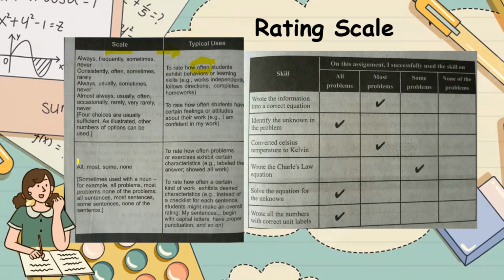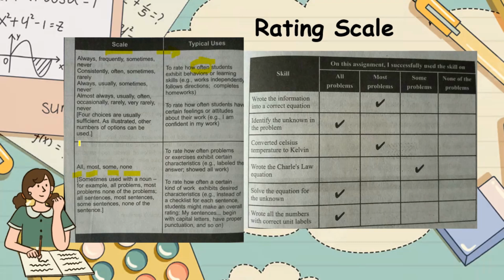While almost, some, none, you will use if you will rate how often problems or exercises exhibit a skill. This is the example of the frequency scales.